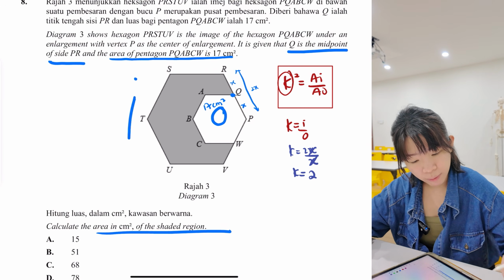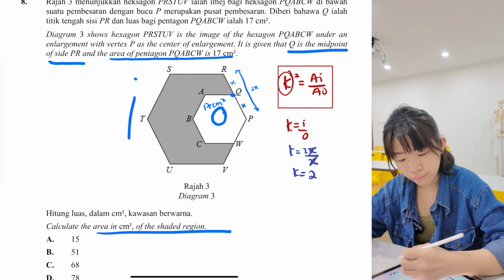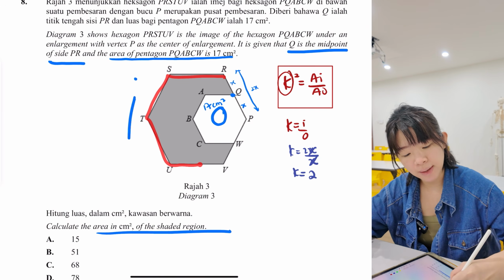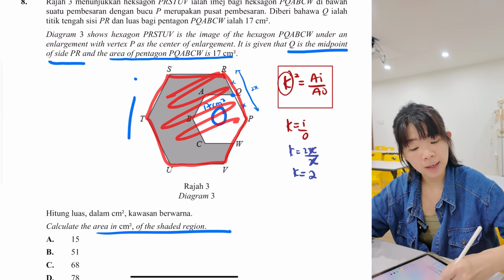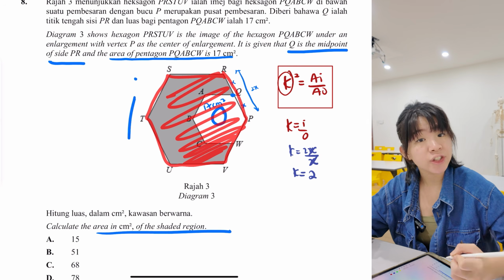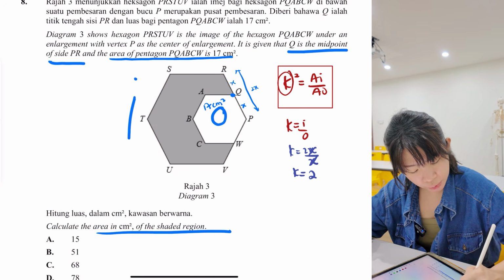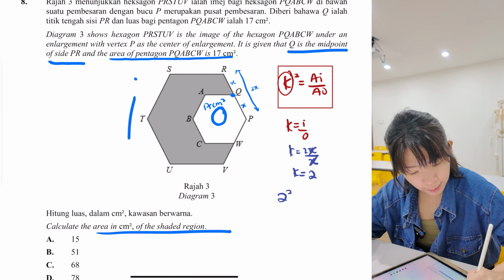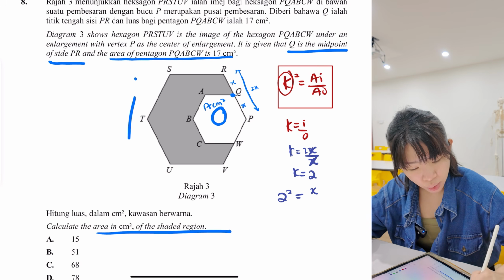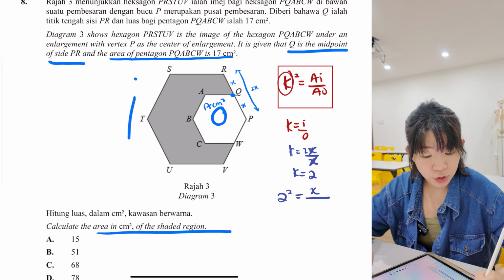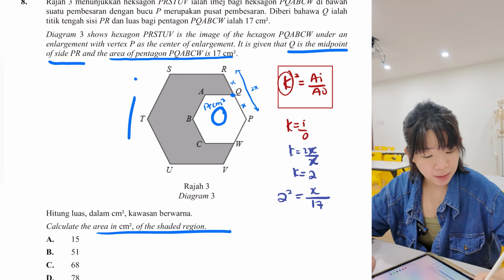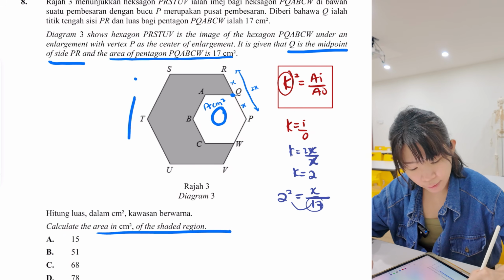We want to find the area of the image. If we can find the area of the whole image, then we can find the shaded region later. So K is 2 square equals area of image, which we don't know, over area of object. Object is 17. To find x, 17 bring over, become times.